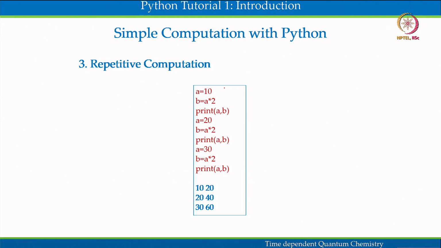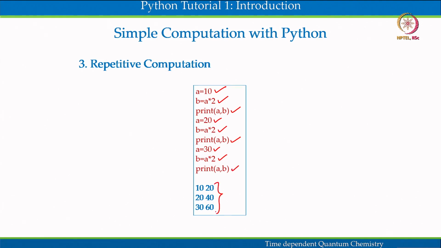For example, here the example is given. I have A value, then B value is just double of that, and I have to print it. Again I will change the A value to 20, multiply by 2 and print A B. Again I will have a value of 30, then multiply by 2 and print A B, and I get this print.